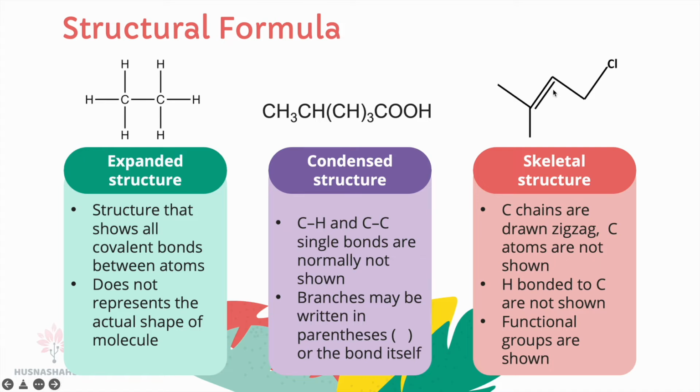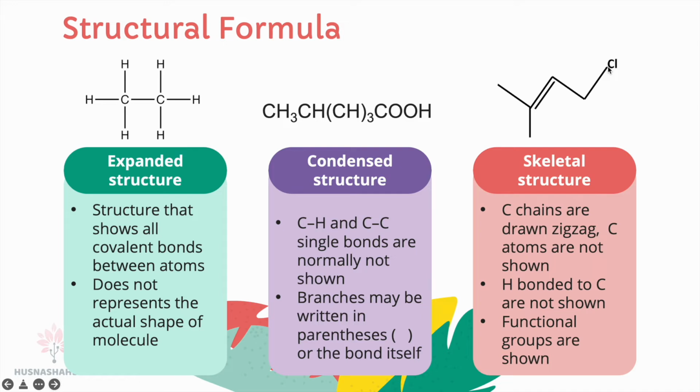The total that we can see is 3 bonds, a double bond and 1 single bond, and the 4th bond is the bond with 1 hydrogen atom. And then this carbon here has a single bond with C, 1 bond, and a single bond with Cl, 2 bonds, and another 2 bonds are bonded with 2 hydrogen atoms.